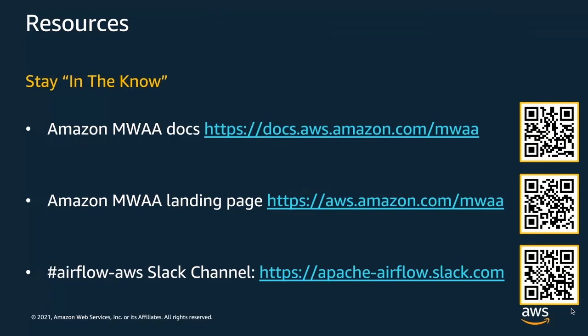And the last thing, we do have a channel inside of the Apache Airflow Slack that's called #Airflow-AWS, where customers that are both just running Airflow themselves, so the open source version, or the managed Airflow option that we have here, are trading tips and best practices and helping each other out. So I encourage you to check out those resources. There are great robust communities here around Airflow and a lot of interesting things that customers are doing.